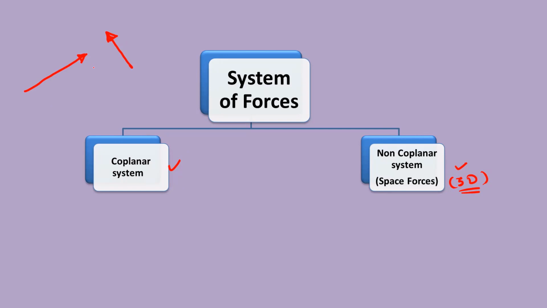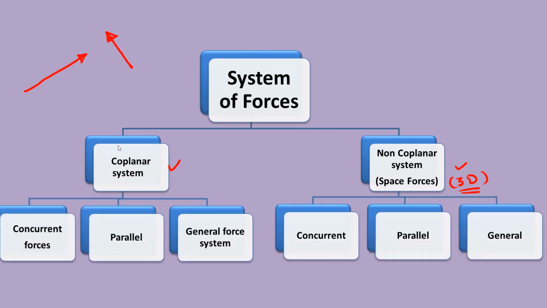Now the coplanar force system is again classified as concurrent force system, parallel force system, and general force system. So, the meaning of the parallel force system you can understand with the help of the name. Parallel means forces must be parallel to each other.